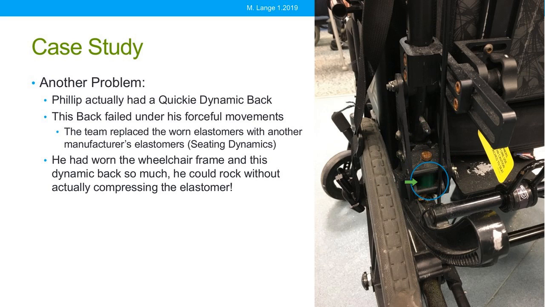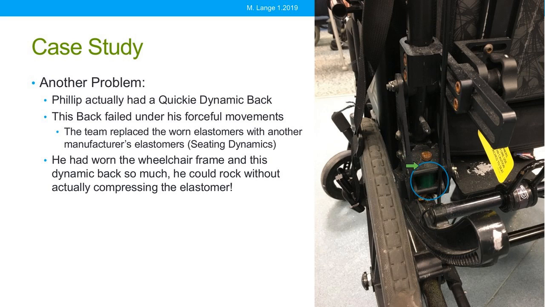They happen to put Seating Dynamics elastomers in there. The problem then is now we have an elastomer that was not designed for this particular dynamic back. Well, in the meantime, Philip wore things out so much in this dynamic component here that he is rocking, as we saw in that video, but this elastomer isn't even activating. It's not compressing at all.